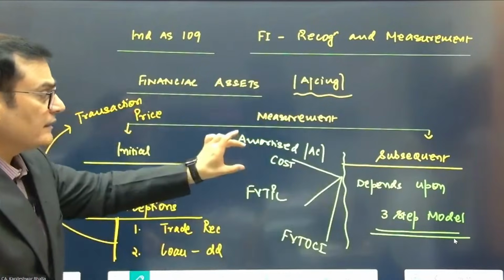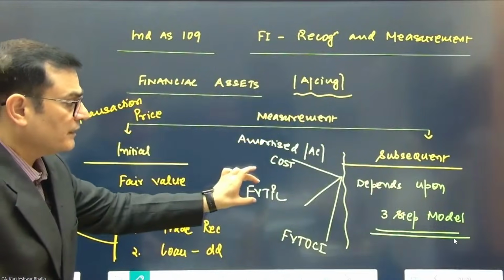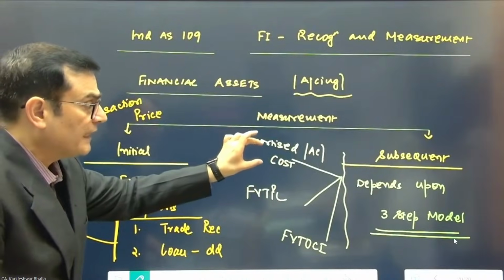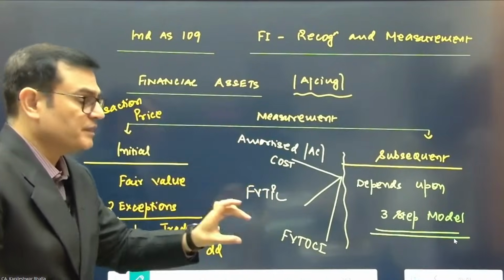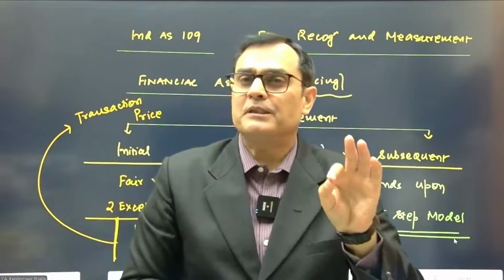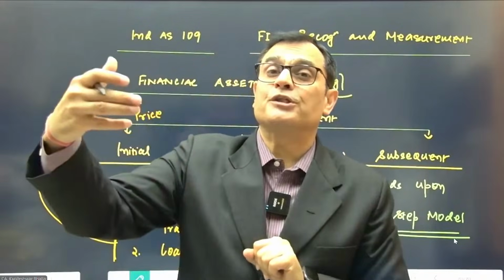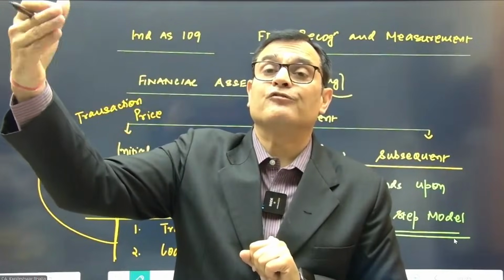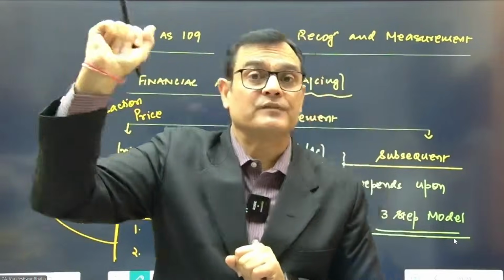So you can say this is like a cost model and this is like a fair value model. In this case, the fair value changes will not be captured. And in these two cases, the fair value changes will be captured. So when I say FVTPL, you're going to take the fair value change in the P&L. When I say FVTOCI, you're going to take the fair value changes in the other comprehensive income.